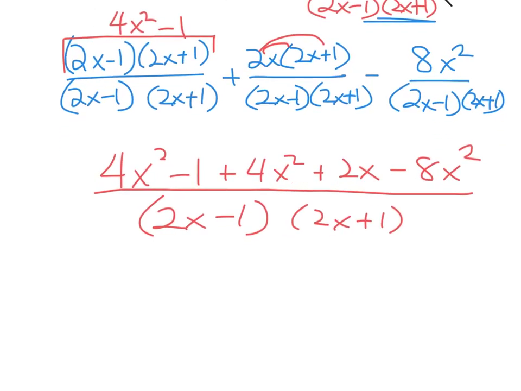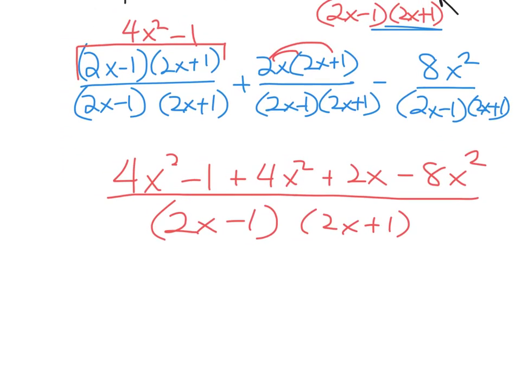So now what I need to do is combine my like terms that are in the numerator. So when I add 4x squared plus 4x squared is 8x squared minus 8x squared, and everything's gone. Then I have left 2x minus 1.